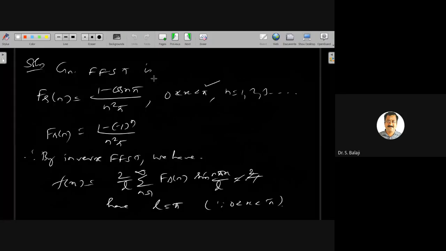Given FFST is Fs of n equal to 1 minus cos n pi by n square pi, 0 less than x less than pi, n equal to 1, 2, 3, etc. Fs of n is equal to 1 minus minus 1 whole power n by n square pi.